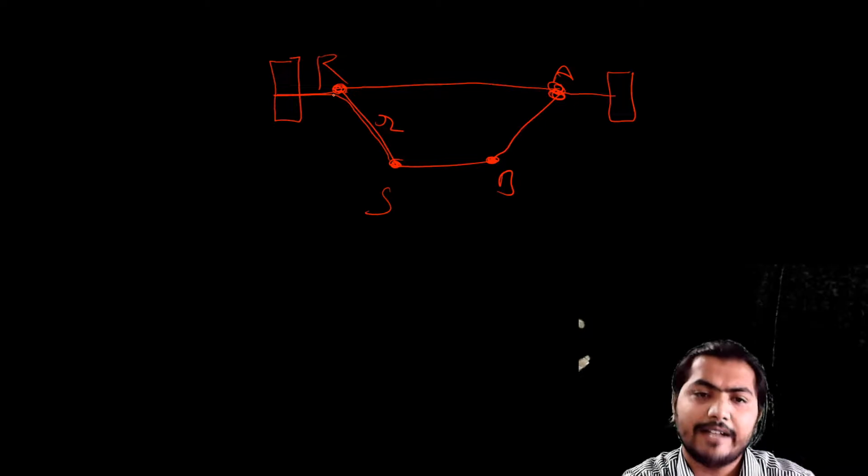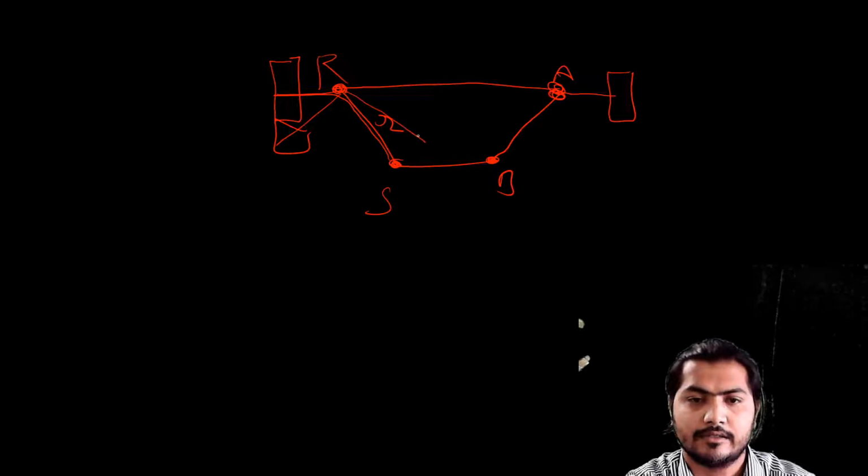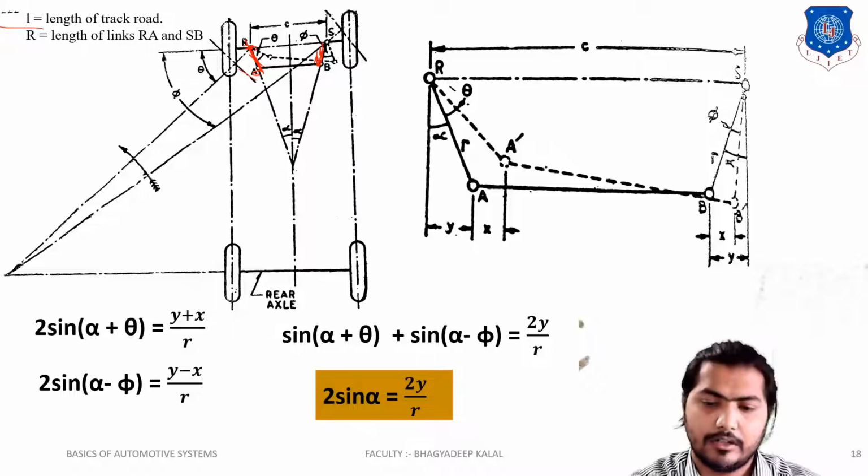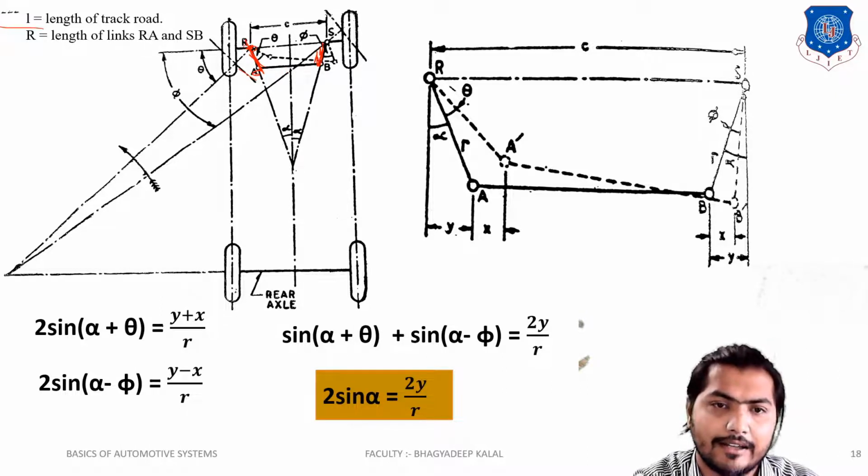When we take a left turn, what happens? This wheel will come here and this one somewhere like here. Similarly, this wheel goes like here and the axis like here. When the vehicle is straight, with no turn either left or right, the angle is alpha.